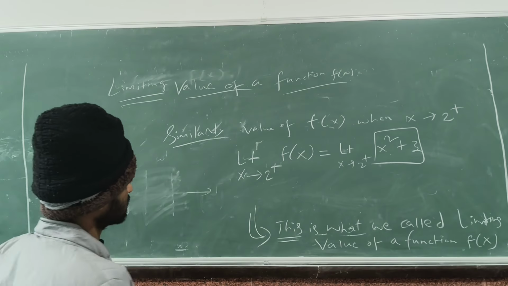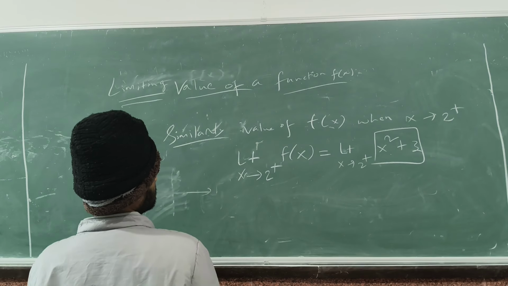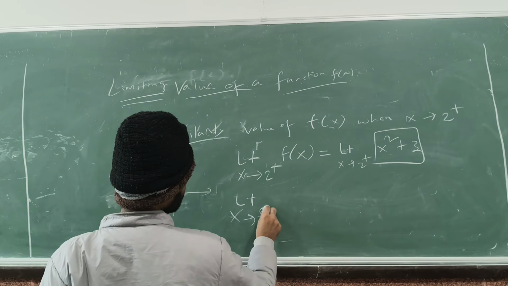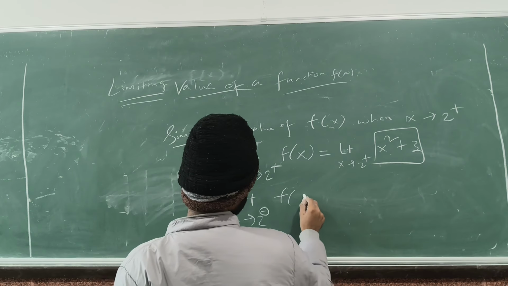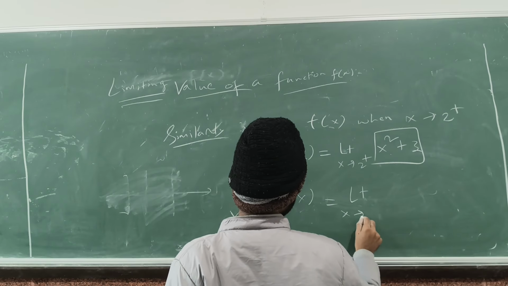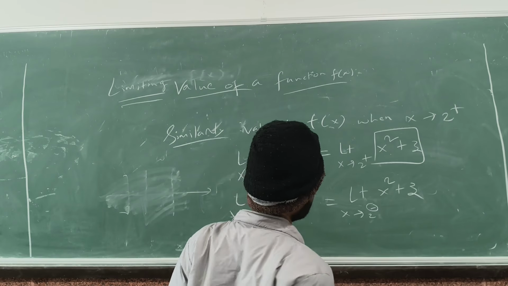And before, when we approached from the left side, we got limit x tends to 2 minus f of x equals limit x tends to 2 minus x square plus 3.